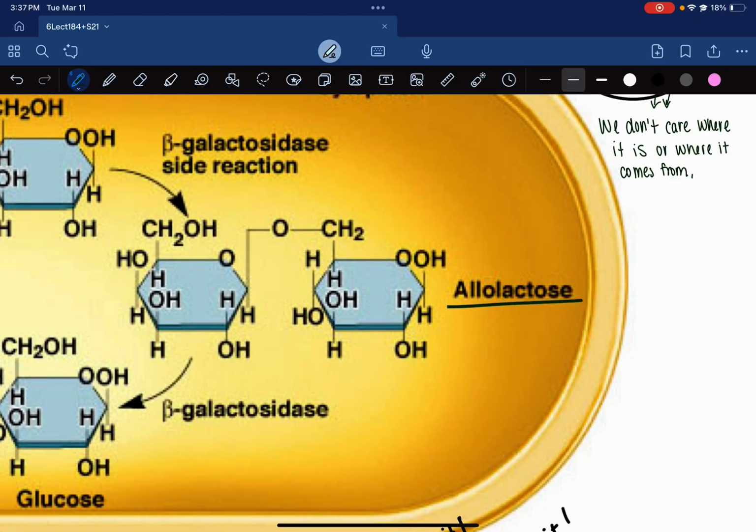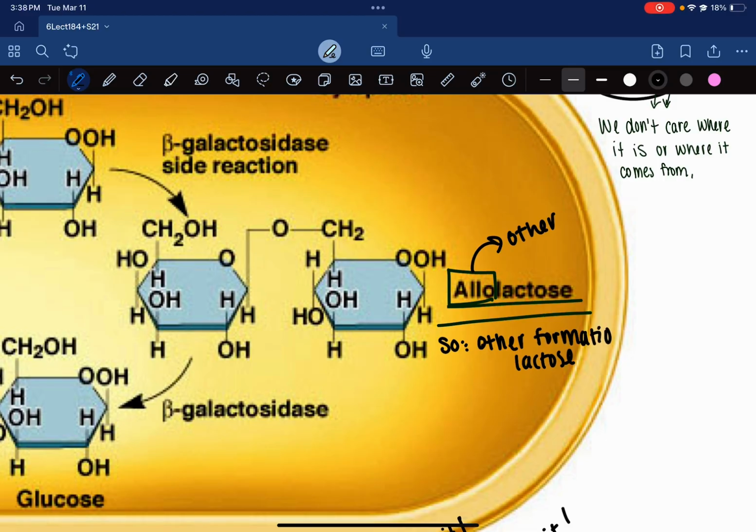Other. Allo, let's go back over here. Allosteric. Other structural binding site. Other. Allolactose, in this context, is another formation of what lactose looks like. So it's going to make a weird bond out of it in another form of it. So we call it specifically allolactose because this bonding structure makes it unique.